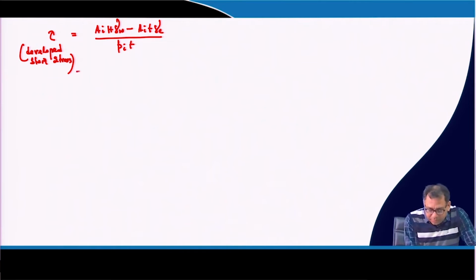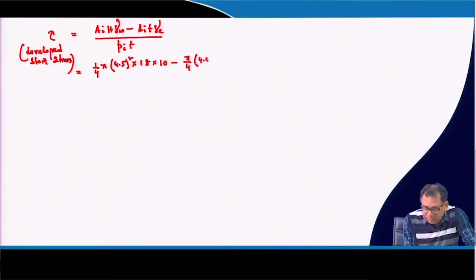Now, if I put all these values, then Ai is pi by 4, this is the inside area of the well, that means 4.5 whole square. Then H is 18, unit weight of water is 10, again pi by 4, 4.5 square, then thickness is 0.75, unit weight of concrete is 24.